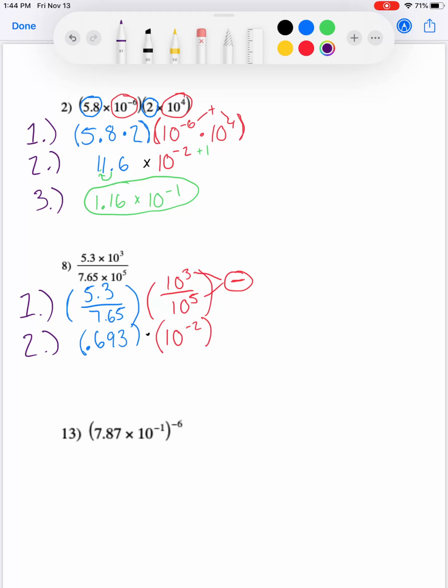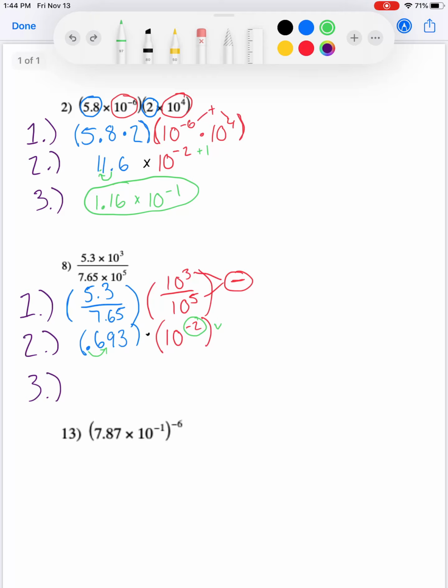So for my third and final step, I am just writing this into scientific notation. Right now, I have 0.693 times 10 to the negative 2. I know I need to move this decimal place to the right one, making that number bigger, which means I need to make this exponent smaller.